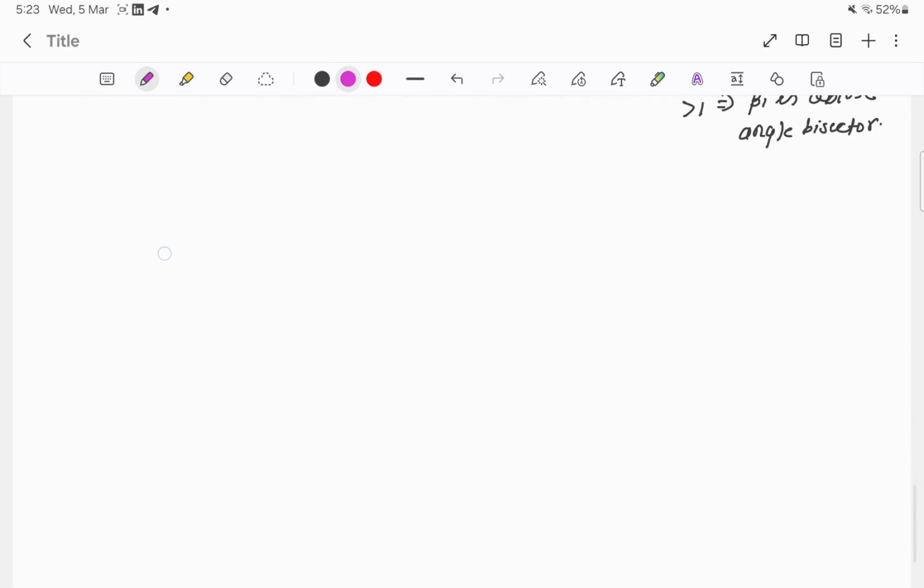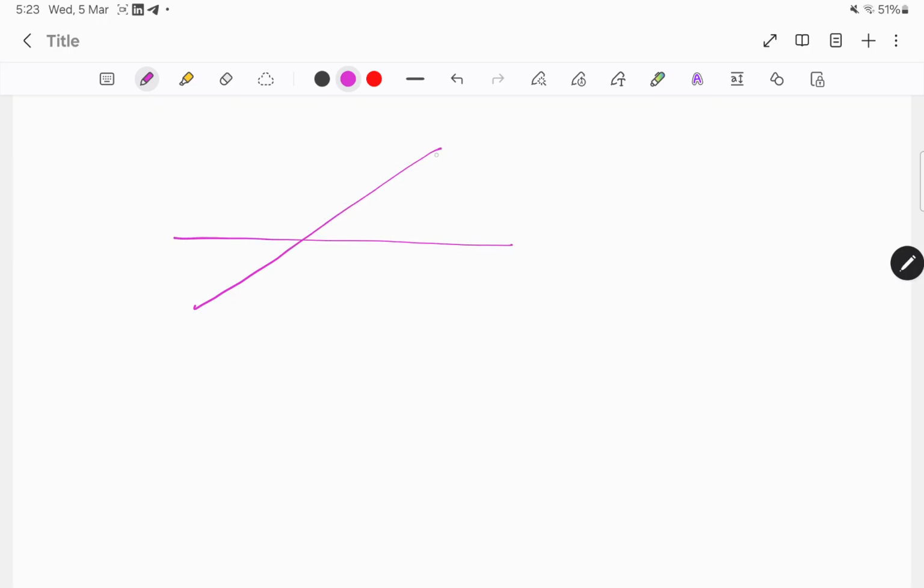Otherwise, we can also do it like this. See carefully. This is line L1 and this is line L2. Now this is one of the angular bisectors, and this is the other angular bisector.